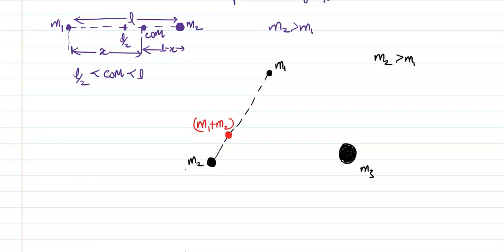Now we have two particles only, m1 plus m2 and m3, and let us suppose if m3 is greater than m1 plus m2, that means center of mass will be situated somewhere near m3, isn't it? That means center of mass will be situated somewhere here.